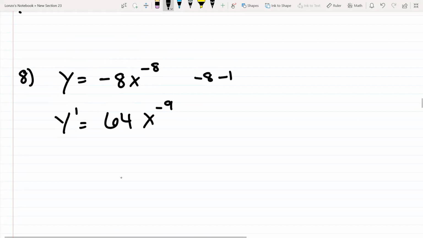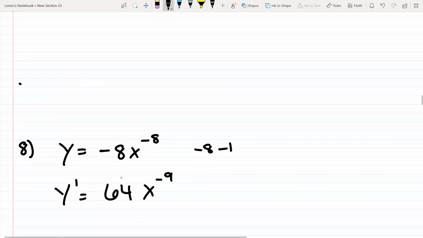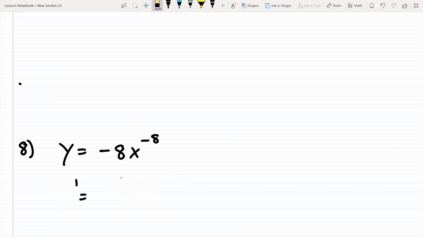Oops, I'm missing something, sorry. It's missing part of the problem. So on number 8, it's going to be -8x to the -8 plus 12 radical x.